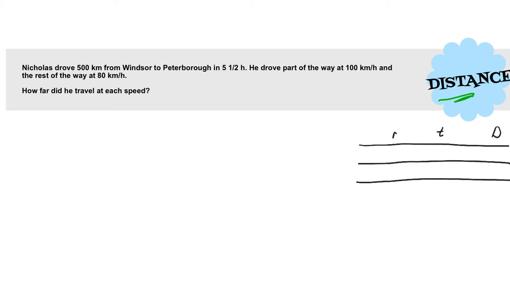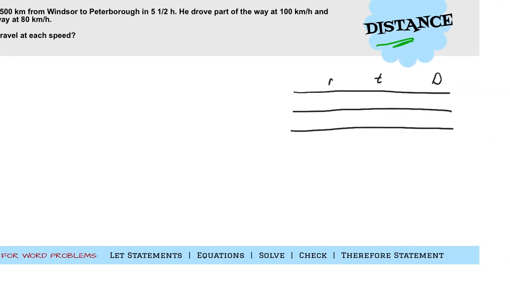And this is one of those that you can set up in a variety of ways. So I know so far that my speeds are 100 kilometers per hour and 80 kilometers per hour.